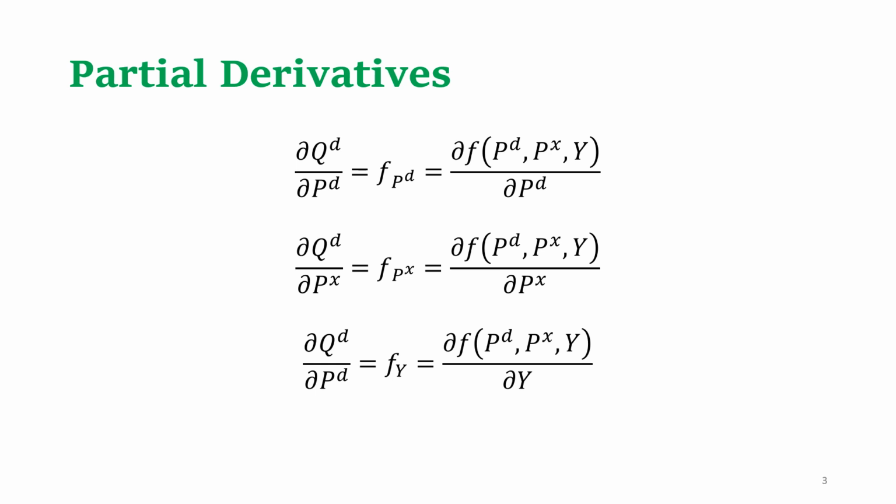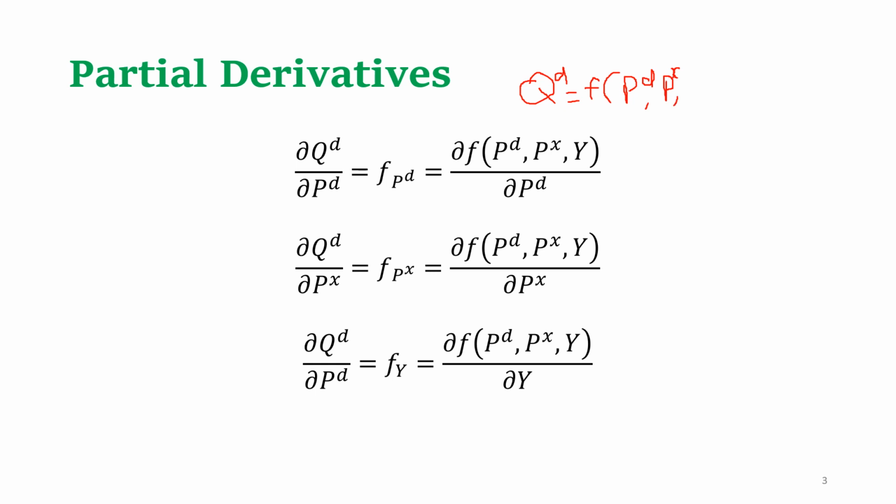Now, previously, we said the demand function was given as what? QD, right? QD equals a function of the price, which is PD, and then the price of related products, PX, right?